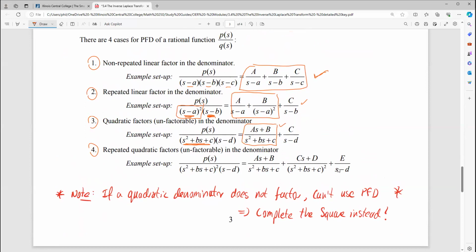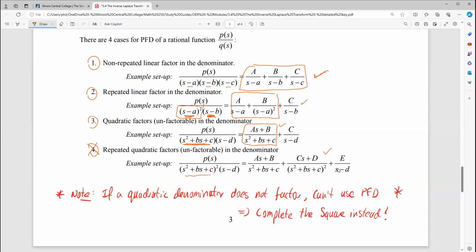Number 4 is what happens if there is a repeated unreducible quadratic factor. You can see that here if you would like to, but I do not believe there will be any of those. Those get messy, and so generally those are not very common. I would probably say even 2 and 3 are not super common either. We'll see them here and there.